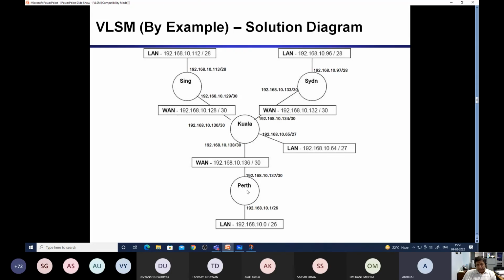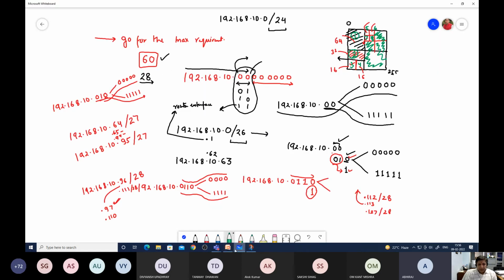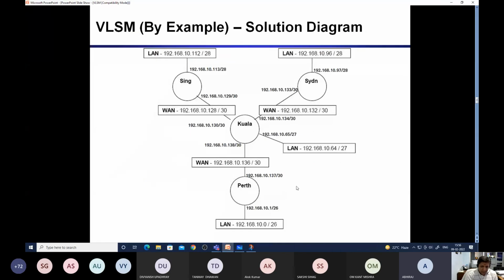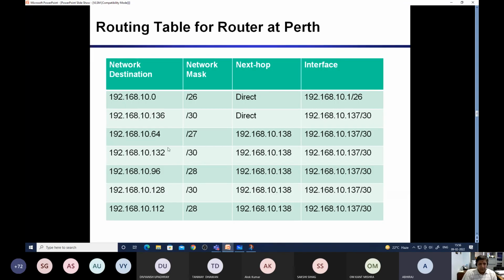So from Perth router, 7 different networks are reachable. Maybe not directly, but via different routers. So the rule for constructing a routing table is simple. Take up a router and first of all, list all the destinations which are reachable.